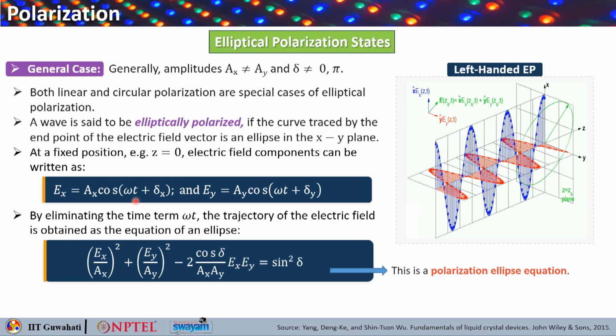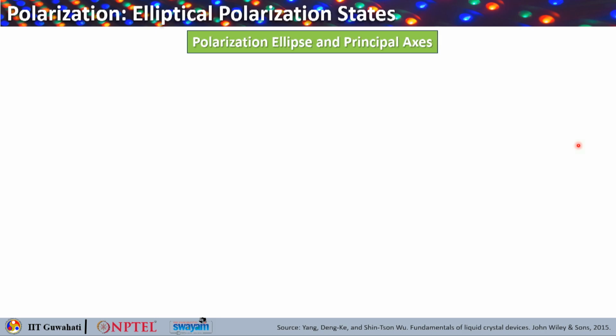And if you eliminate the time term, that is omega t, then you will find that (Ex by Ax) whole square plus (Ey by Ay) whole square minus 2 cos delta divided by Ax Ay times Ex Ey will be equal to sin square delta. So, this is basically the polarization ellipse equation, right, and that is why this electric field vector basically traces an ellipse on this xy plane.